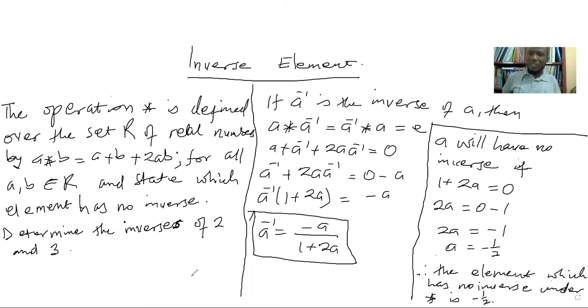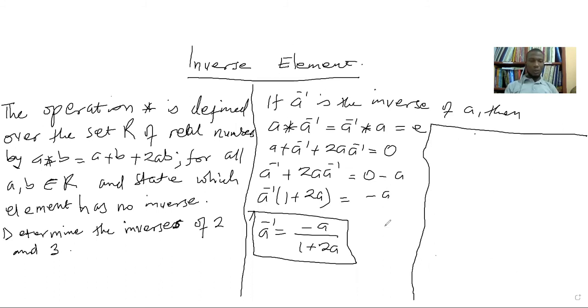So for any question at all, you will just have to find the number that makes your inverse undefined. It means that that number has no inverse. Then we go to the other part of the question. The question says you should find the inverses of 2 and 3.